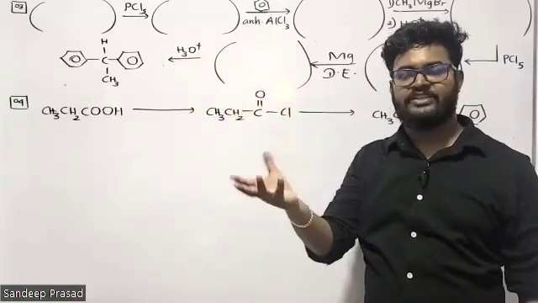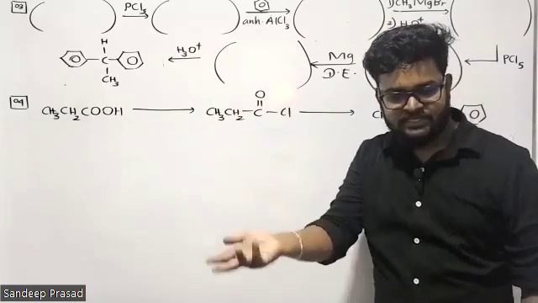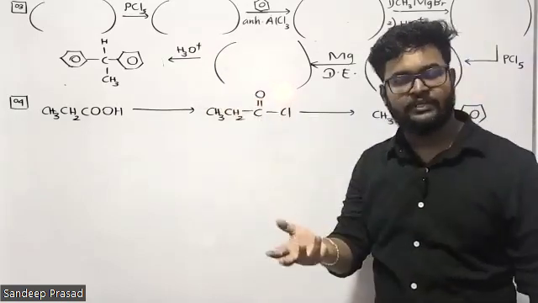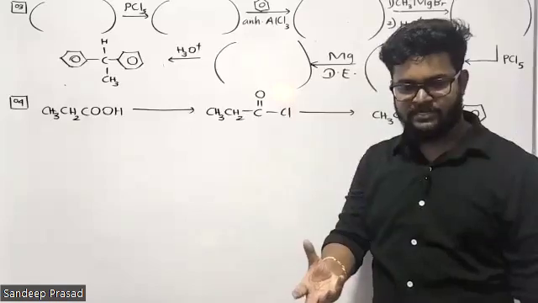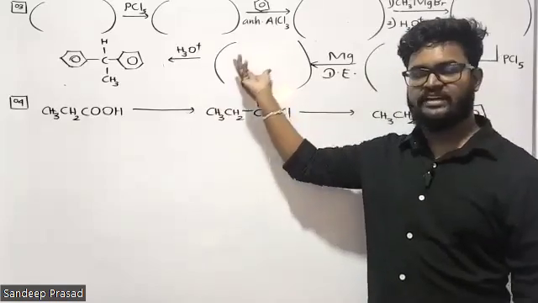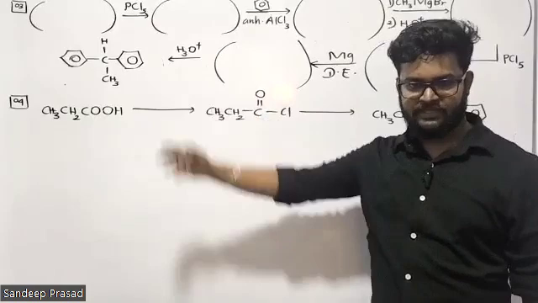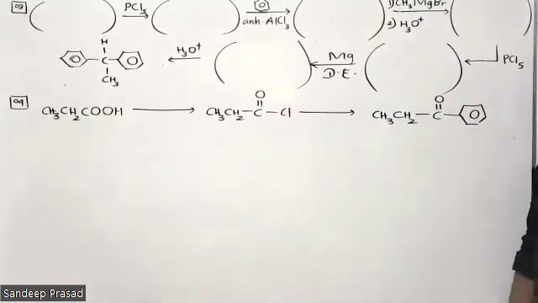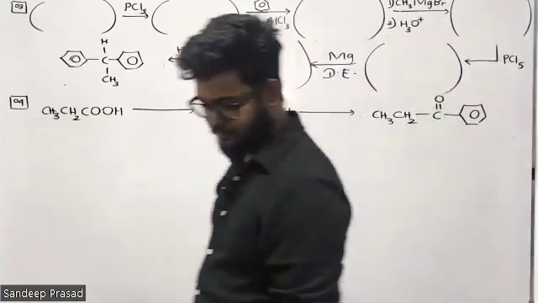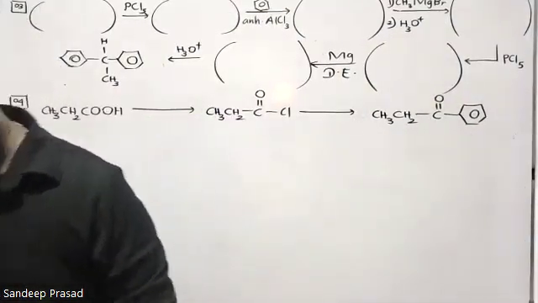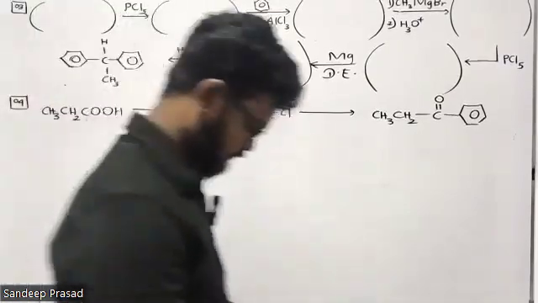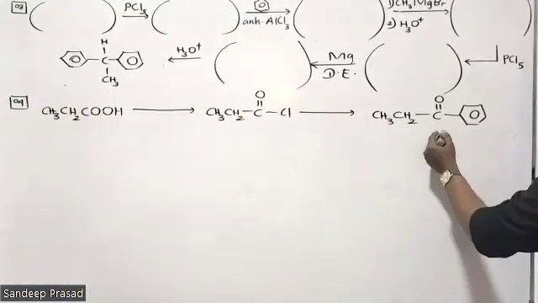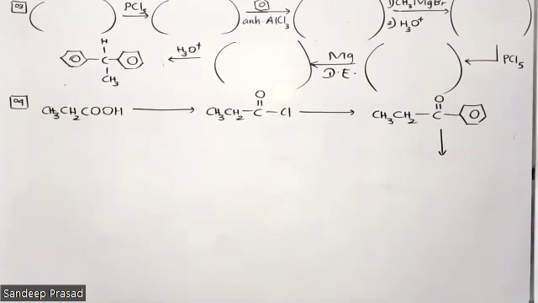So what is the difference between H3O plus and H2O? Only H plus is added. In H3O plus we already know that H2O is there. So this is the reaction of the Grignard reagent with water. Very easy. You have to understand those things. In this way.